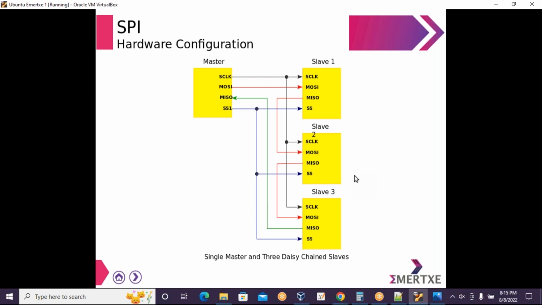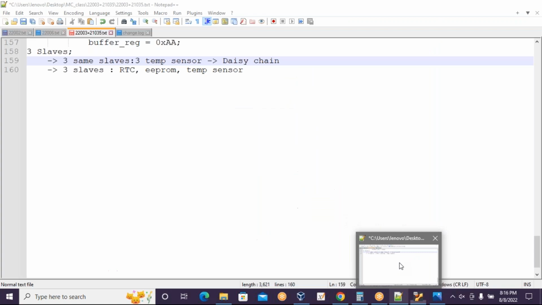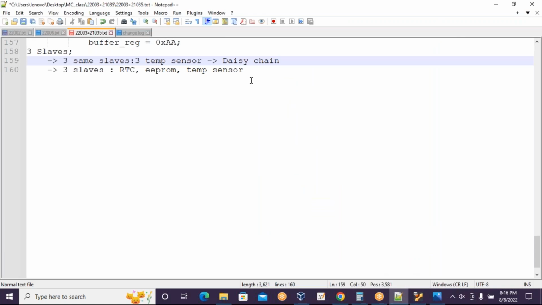So if there are three different devices, I'm going to go with the normal configuration, where I'm going with three different slave select lines and I am going to configure the three things separately instead of getting the things interconnected to each other. Okay, so it is easier to go with the daisy chain if you have got the same slaves, and it is easier to go with the normal configuration when you have got different slaves. Has that been clear?